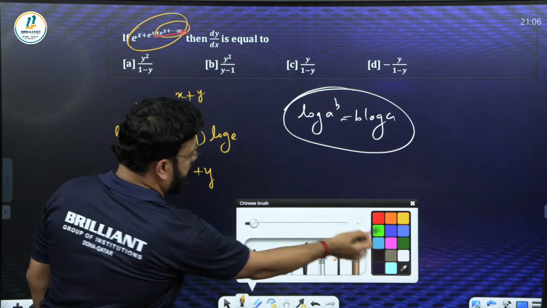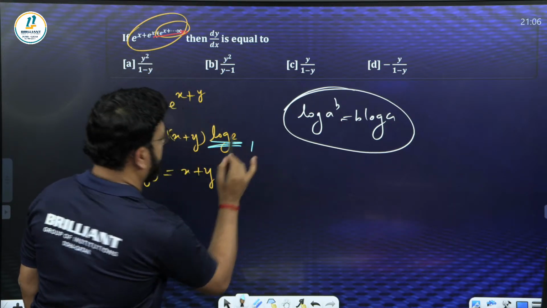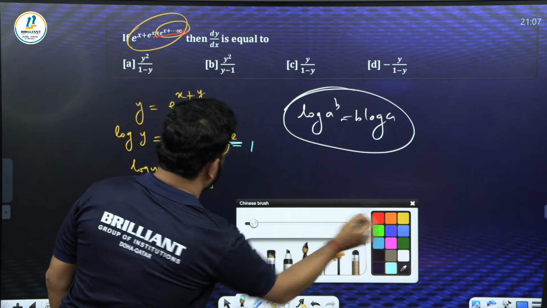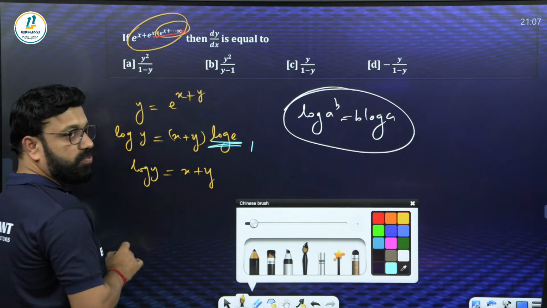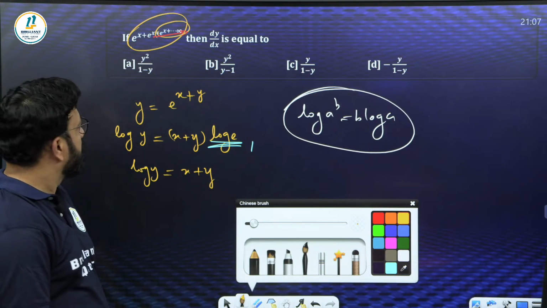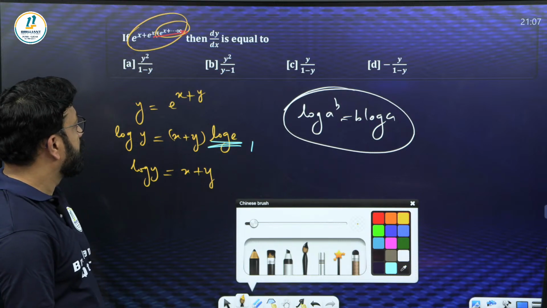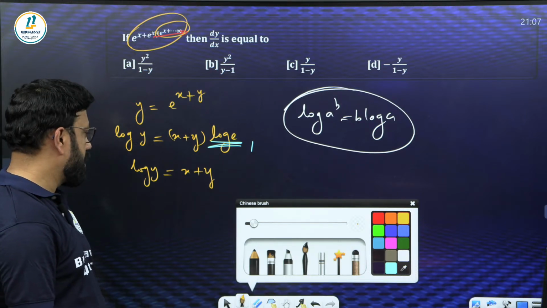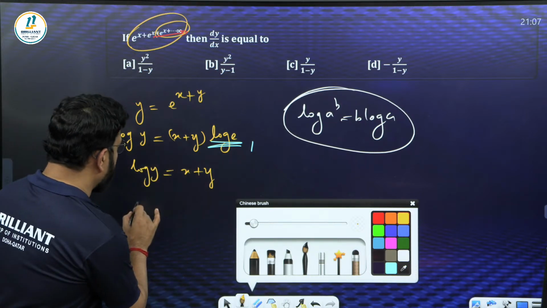Log e to the base e is equal to 1. Now we have log y equals x plus y, and we want to find out dy by dx.